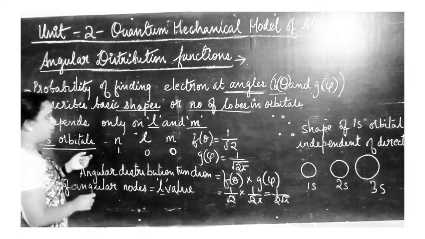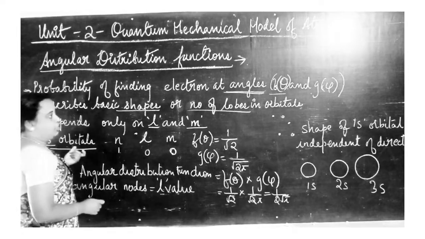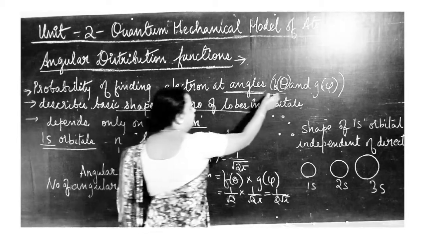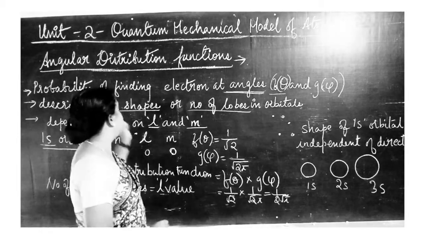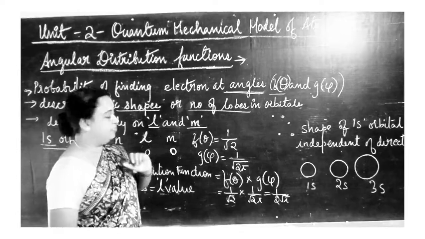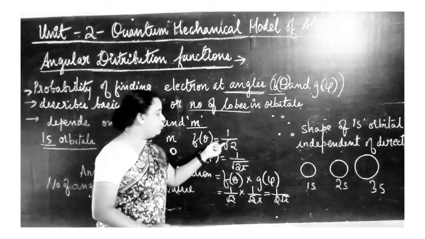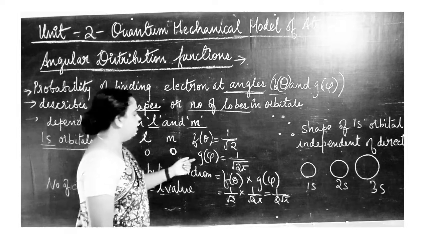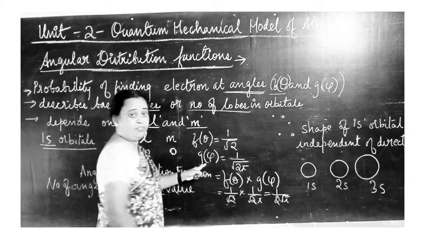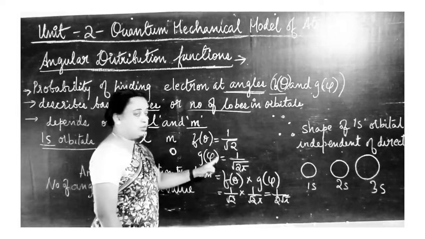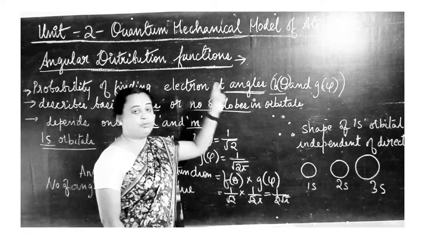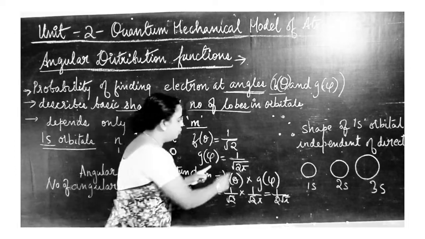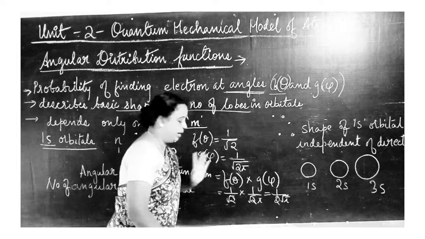Now, for this 1s orbital, the angular distribution function f theta is equal to 1 by root 2, and g phi, another angular distribution function, is equal to 1 by root 2 pi.